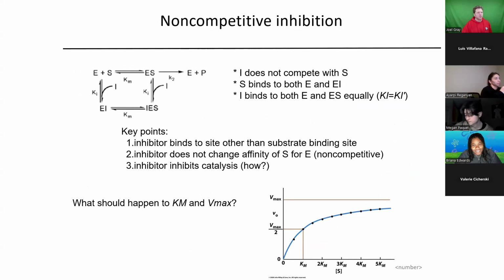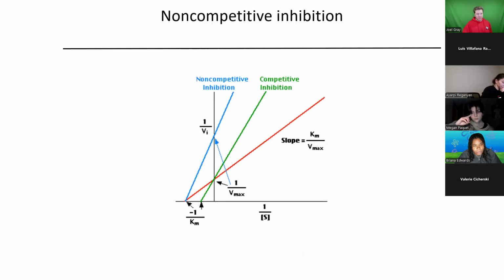Fair. The best way I think to understand the differences in these types of inhibitors is to look at the plots. When you look at the plots, then you can narrow it down and say, all right, where do my lines intersect? Okay.